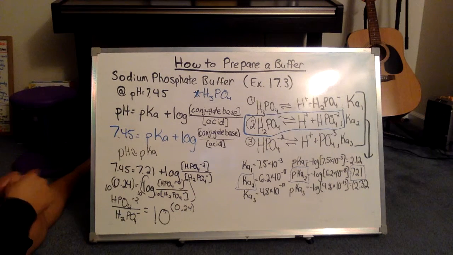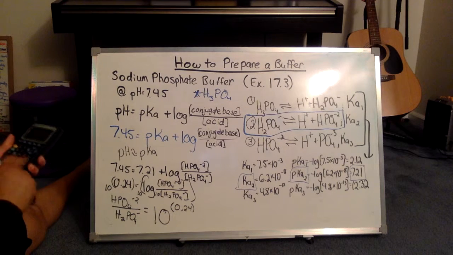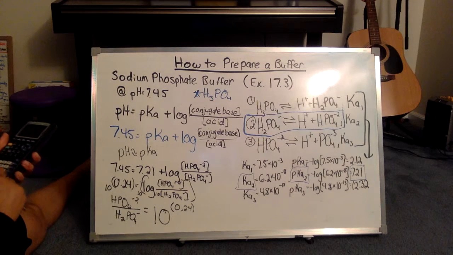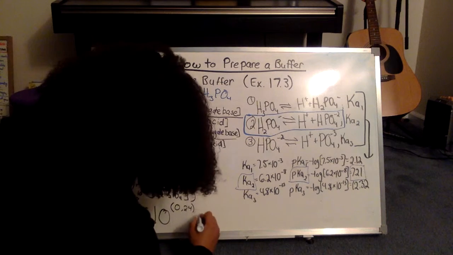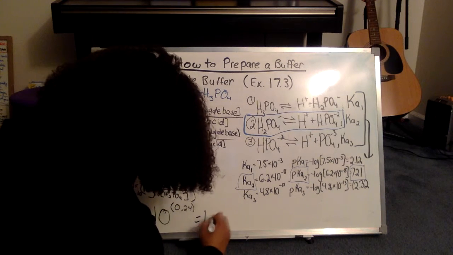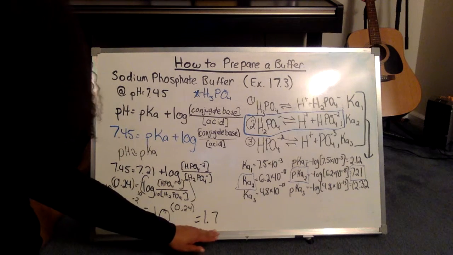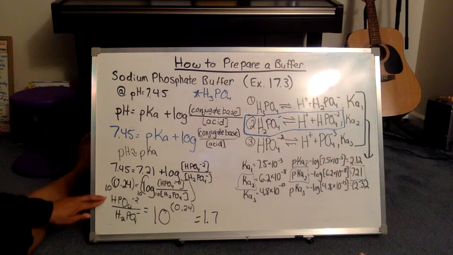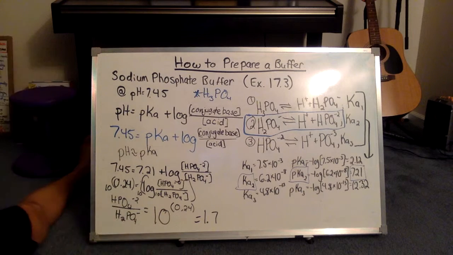When we calculate 10 to the 0.24, we get a value of 1.7. So the ratio of HPO4 2 minus to H2PO4 minus is equal to 1.7.